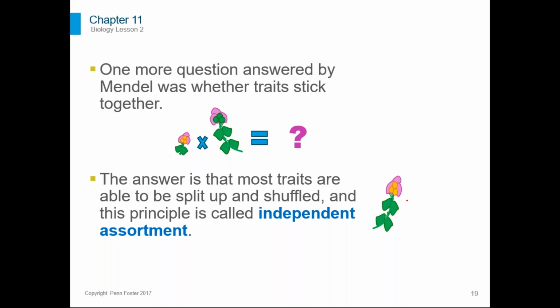This is why you could inherit your father's nose but your mother's eyes, because they're independently assorted. You don't necessarily get all the same genes as other offspring do. So your sister and brother might have a different set of features inherited from the parents because they got different combinations of genes.